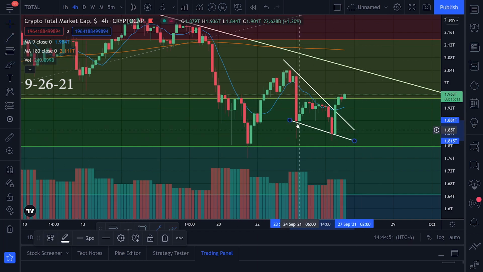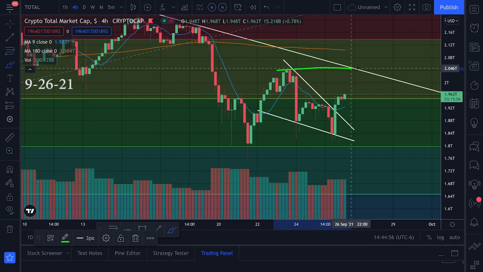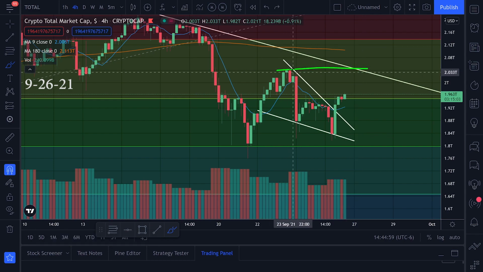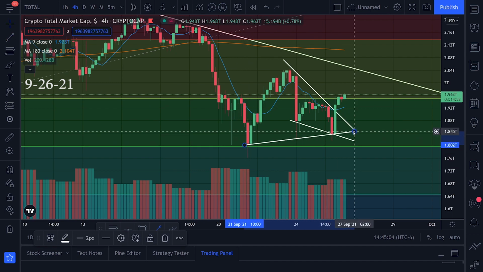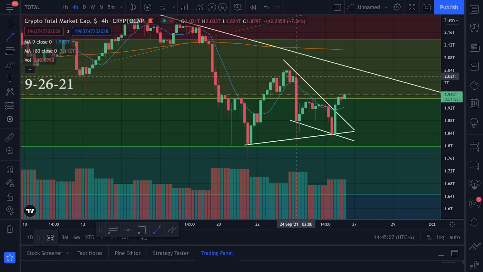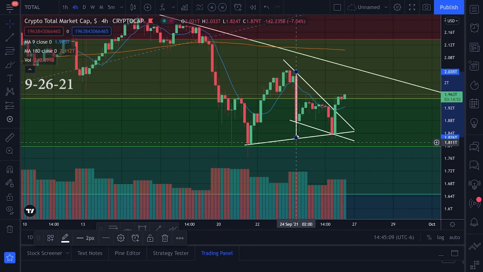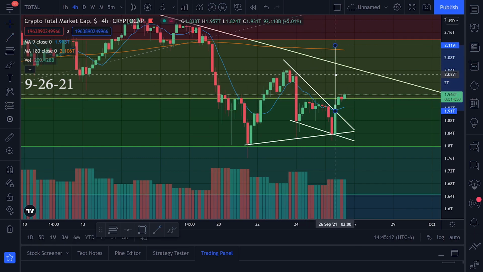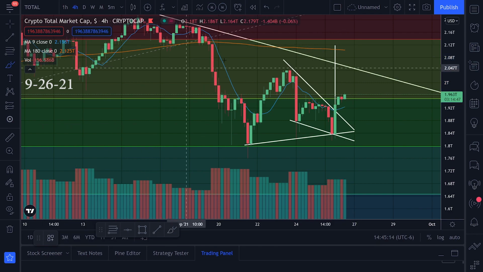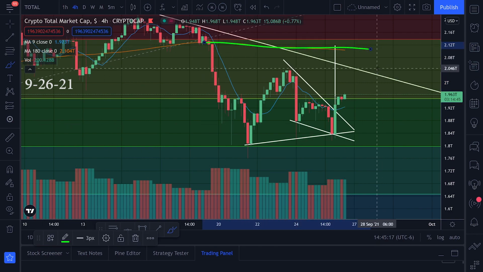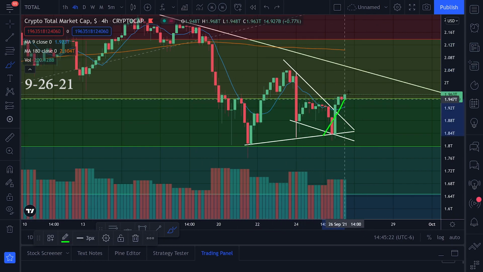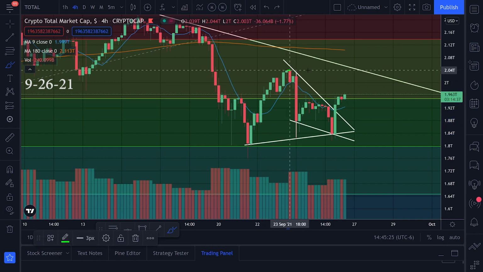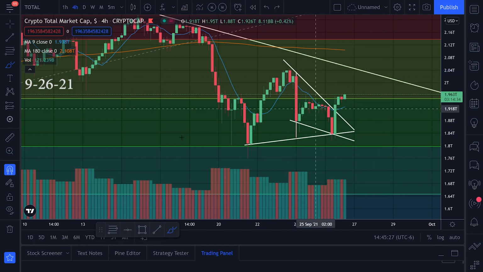Is it right here, this kind of falling wedge pattern, which would give us a target somewhere up here, right around that trend line and the previous resistance? Or are we looking at a bottom something like this? I wouldn't be completely sure where to target on this one. Maybe from the top to the bottom right there. There's a wick that came down, and maybe drag that to the breakout. That puts us at this 180 moving average. So for now, if we could keep this momentum going to the upside, I would say let's target 2.04 trillion on the total crypto market cap.